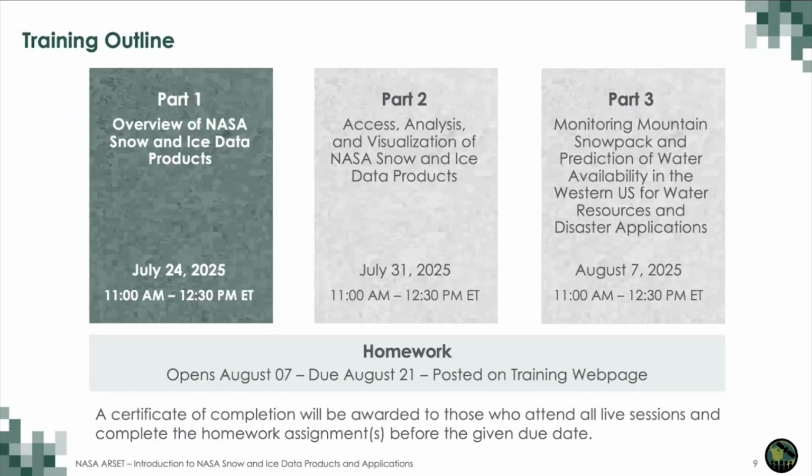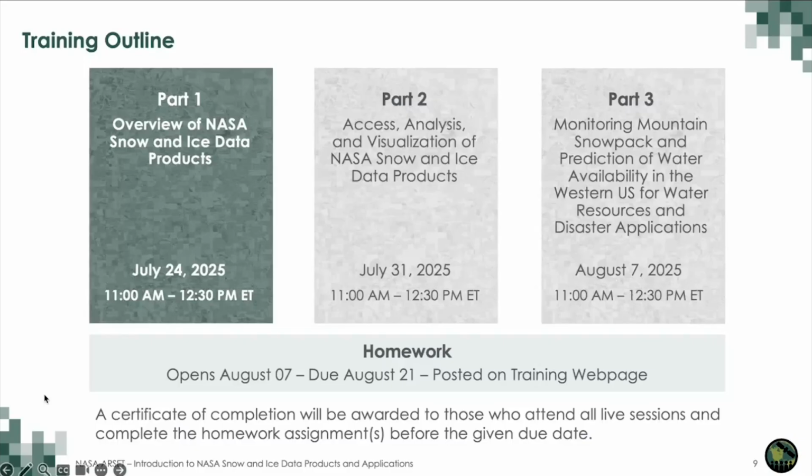There will be 3 parts to this training. Today will be an overview of NASA snow and ice data products. The next session will be on access, analysis, and visualization of NASA snow and ice data products. And the final session will be monitoring mountain snowpack and prediction of water availability in the western US for water resources and disaster applications, so there will be a couple of case studies shown.